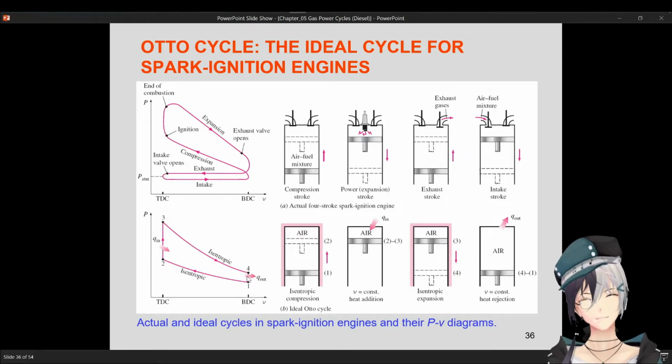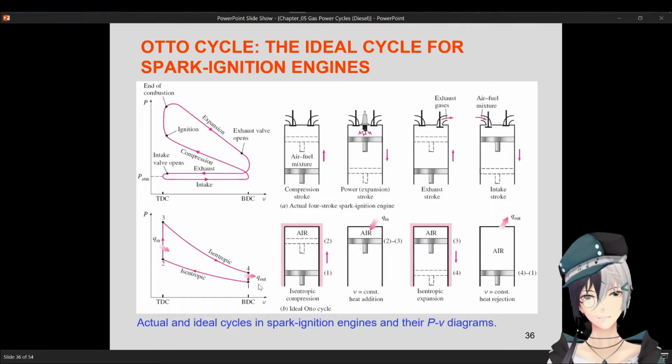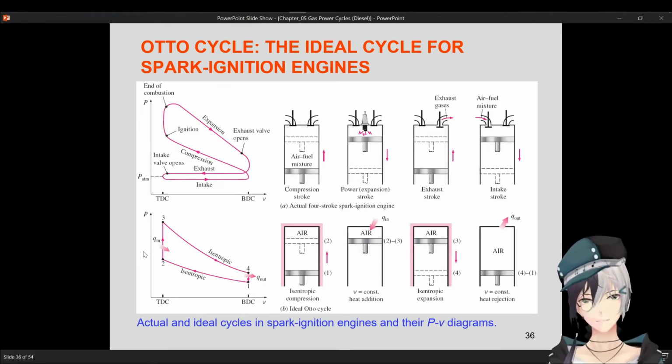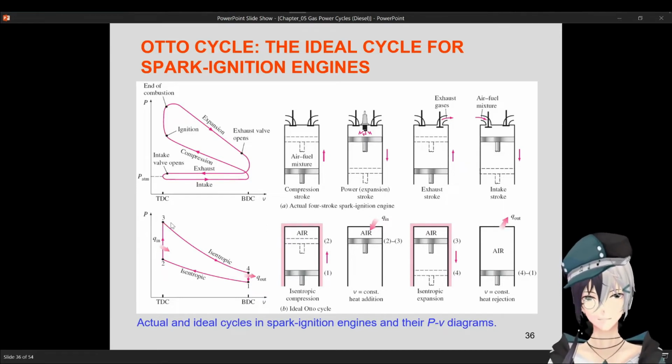And then 4 to 1, constant volume heat rejection. From the diagram, you can easily identify which has the highest pressure and the lowest pressure, and where heat energy is coming in and going out.